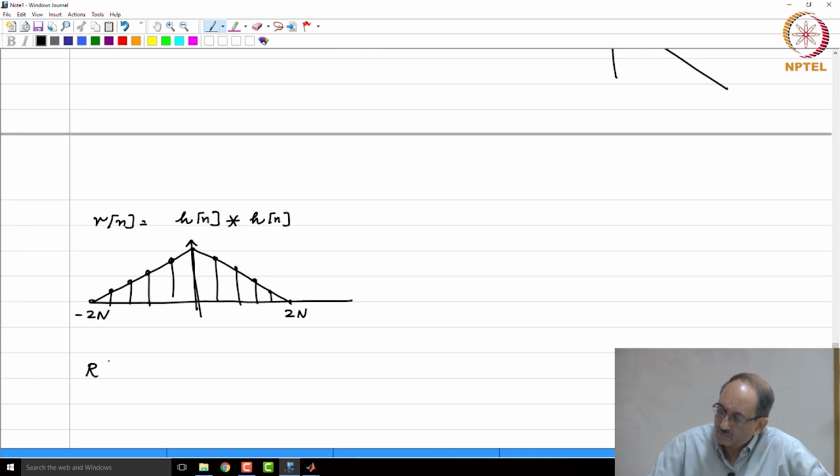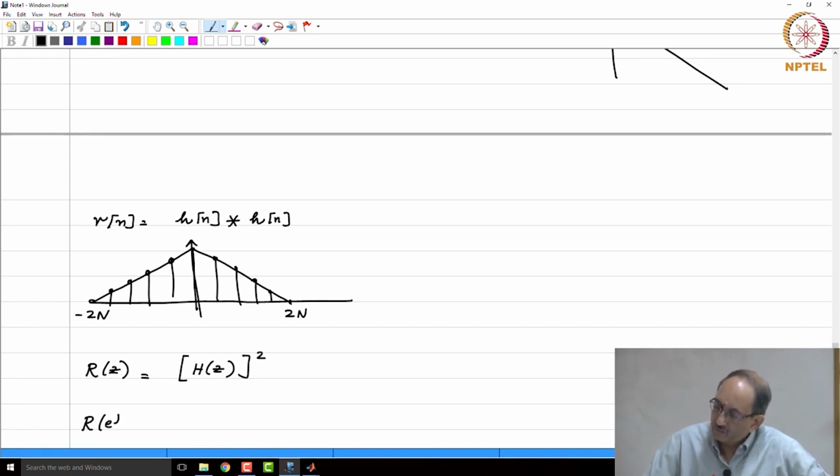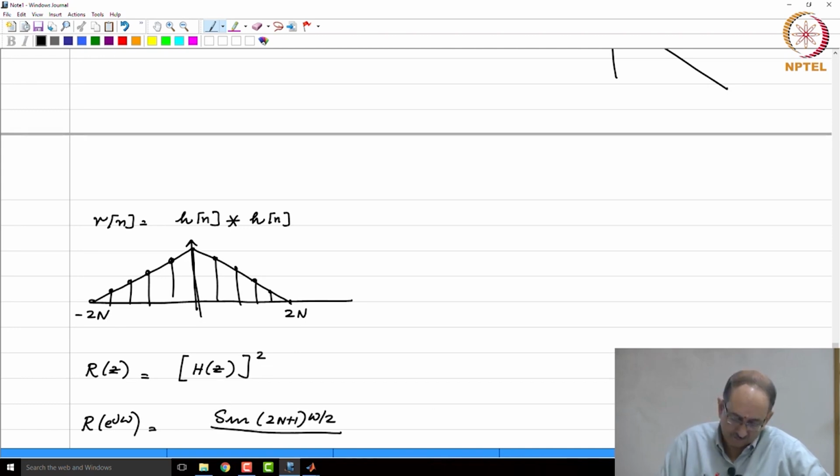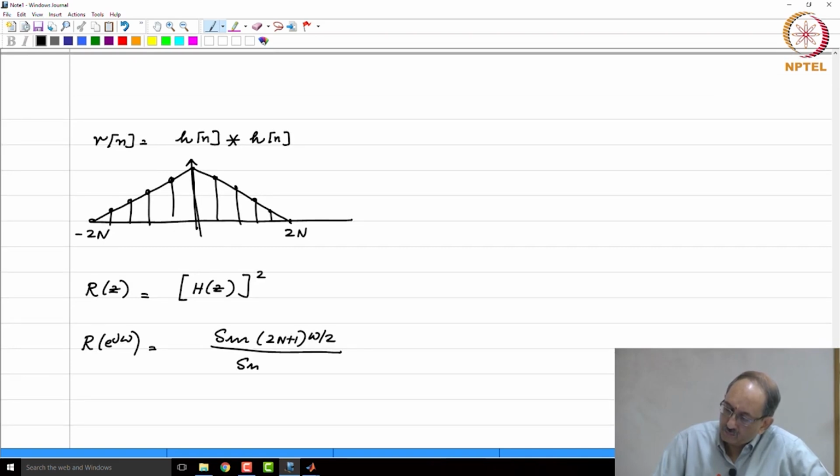And as far as R of z is concerned, this is nothing but H of z whole squared, and the corresponding frequency response is sine of (2n plus 1) omega by 2 divided by sine of omega by 2, whole squared.